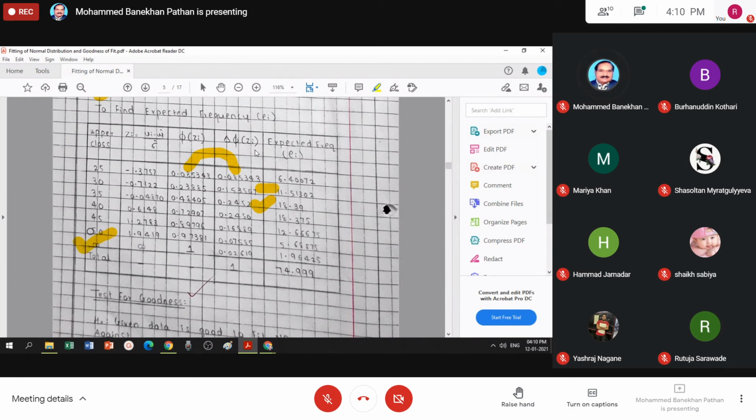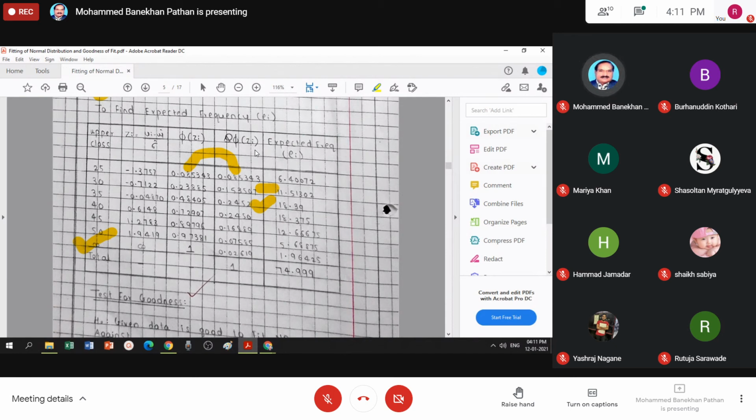The class finished at 50, but due to the range of normal distribution, you have to take one more class, that is, infinity should be written in front of the upper class. So Z is infinity, so phi infinity is 1 because it is a distribution function. 1 minus before is here.